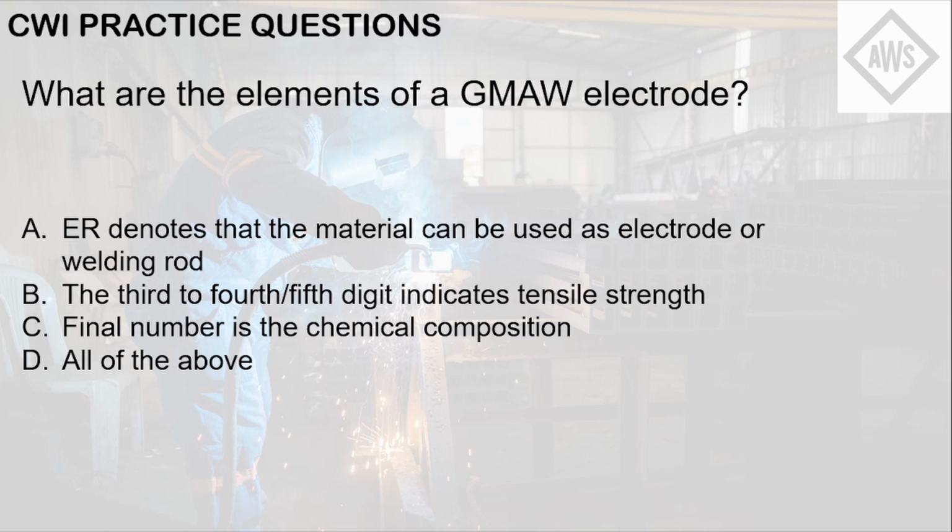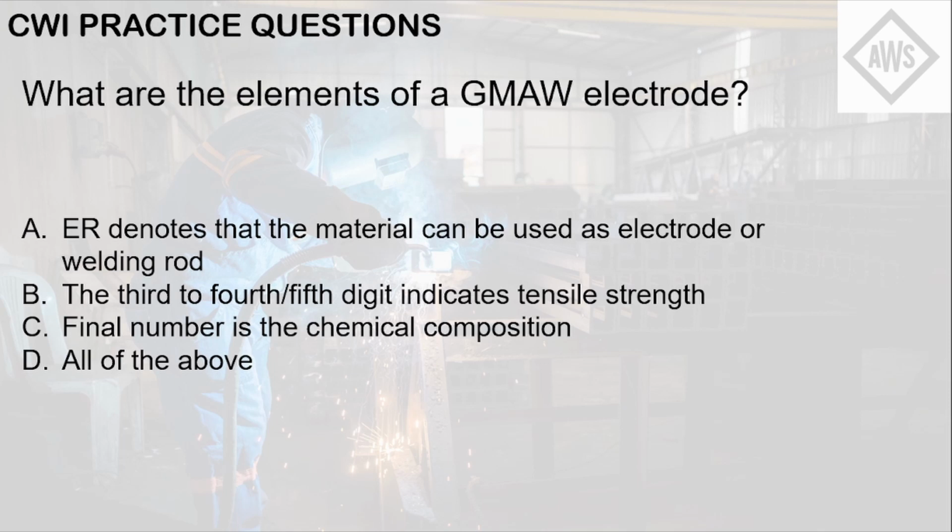So all of these characteristics of a GMAW electrode are accurate in terms of these choices. The ER denotes that the material can be used as electrode or welding rod. The next digits indicate tensile strength. So if it is 70 or 100, that indicates 70 ksi or 100 ksi respectively.